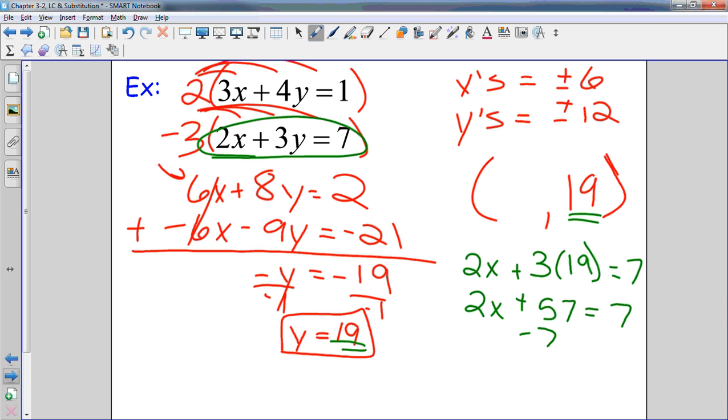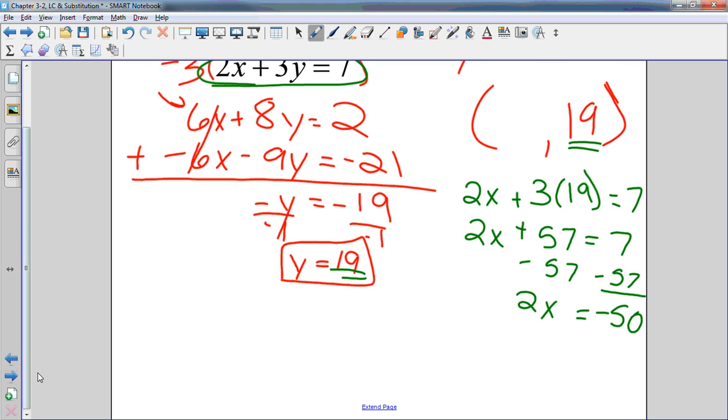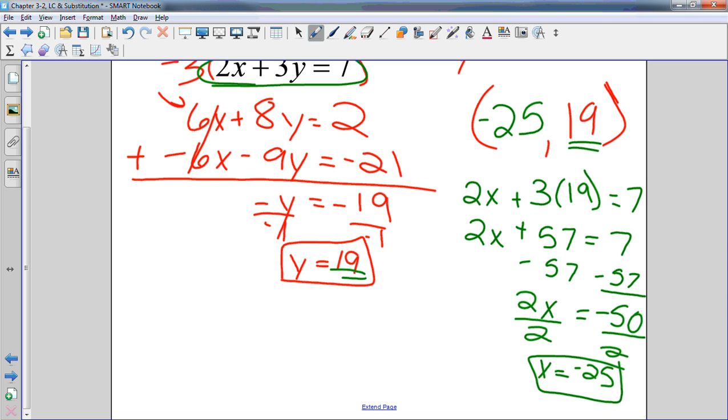Subtract 57. And then divide by 2. I have negative 50. Divide by 2. Negative 25. So my point of intersection is negative 25, 19.